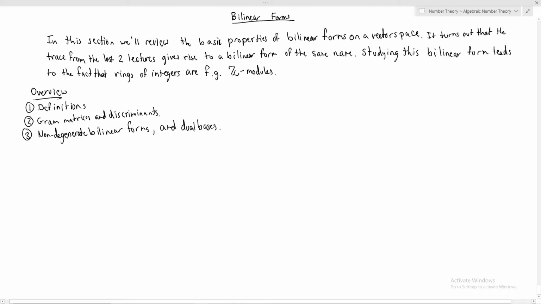Okay, so let's go ahead and get started with the definition. So what is a bilinear form? This is 19.1, definition.